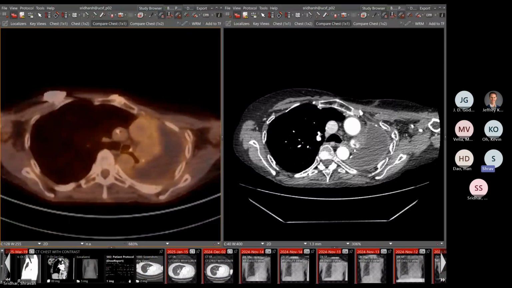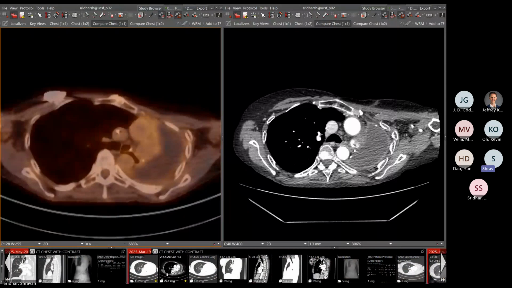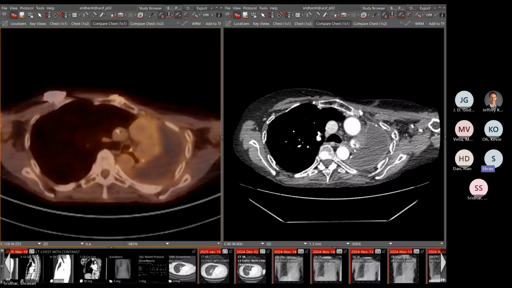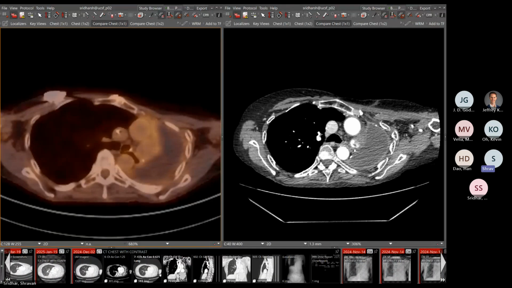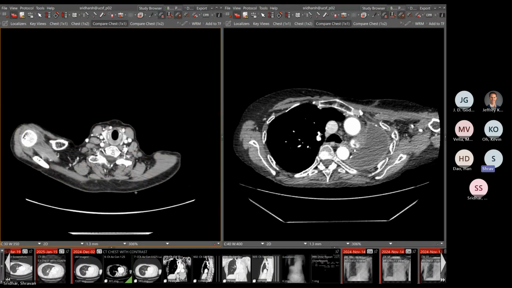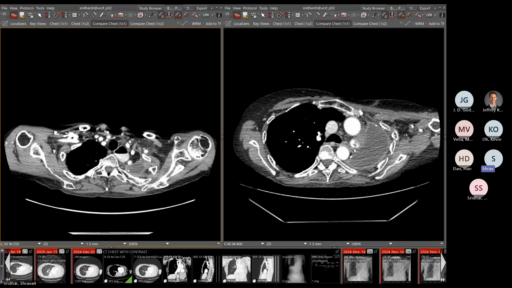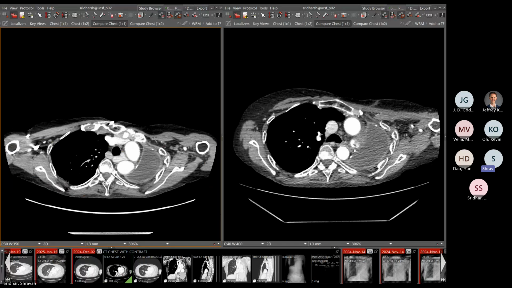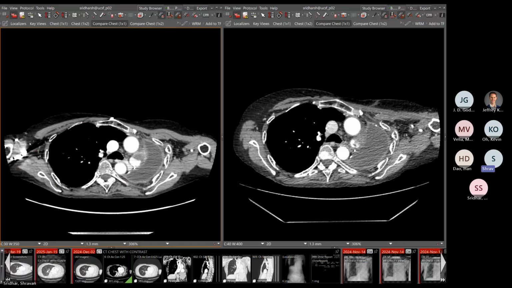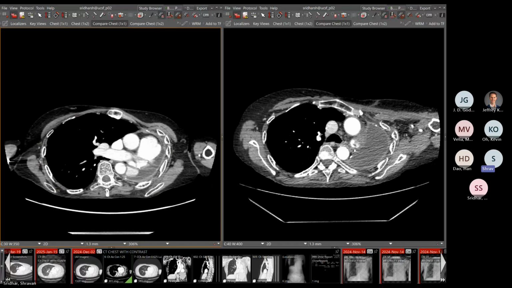So let's fast forward here to, well, I guess all we have is this December 2024. So let's take a look at that. Here at this time, we're seeing expected post-pneumonectomy change, including thickening of the parietal pleura here.